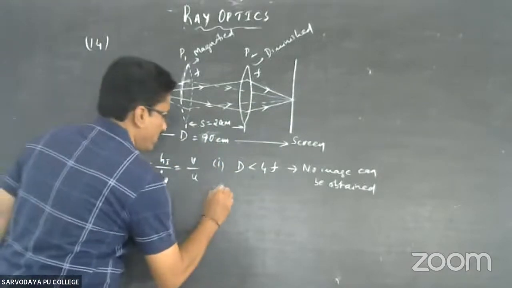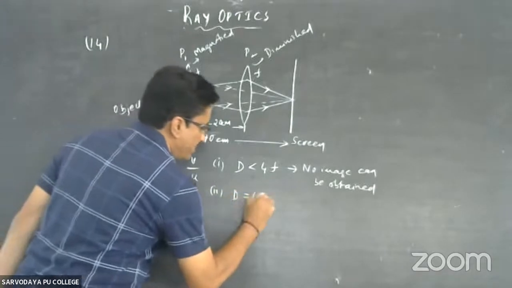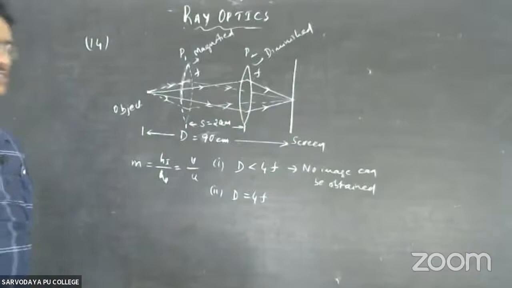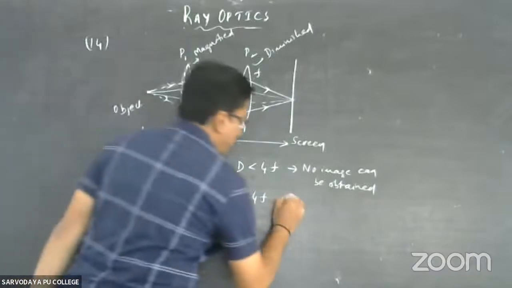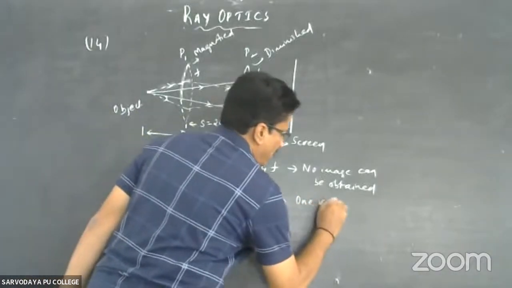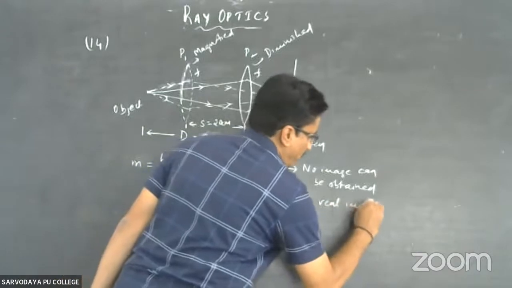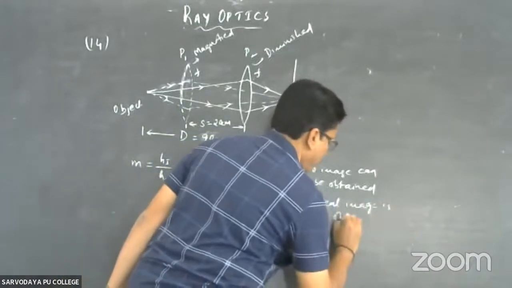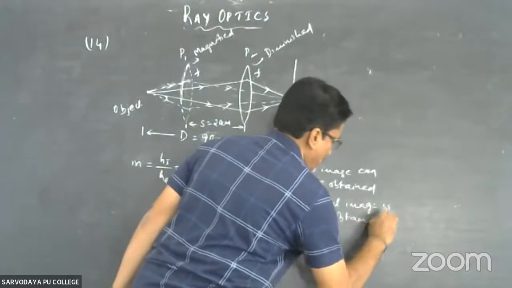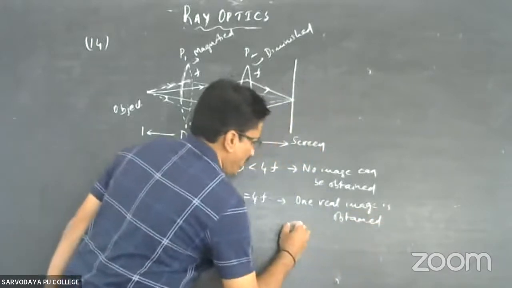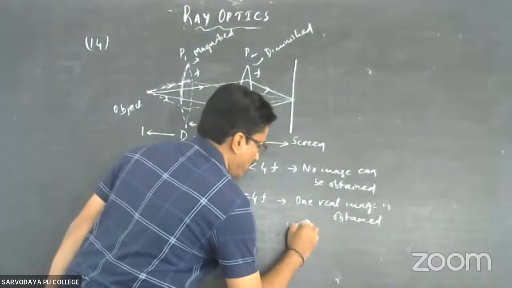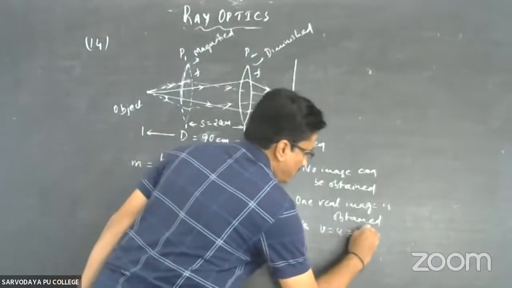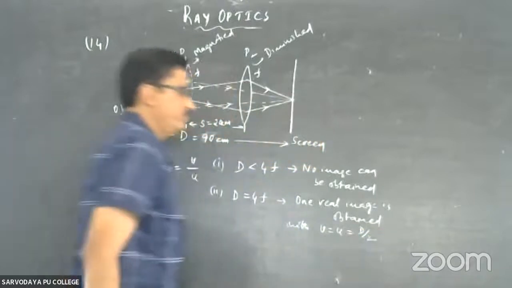But if D is exactly equal to 4f, then u is equal to v is equal to 2f.